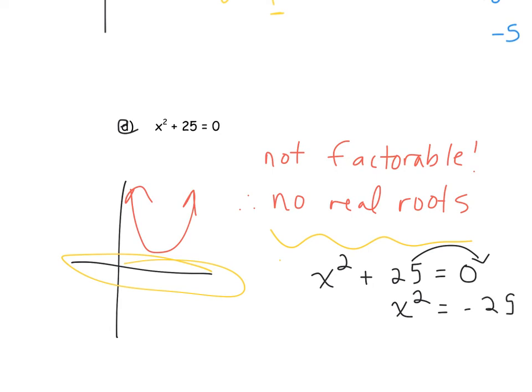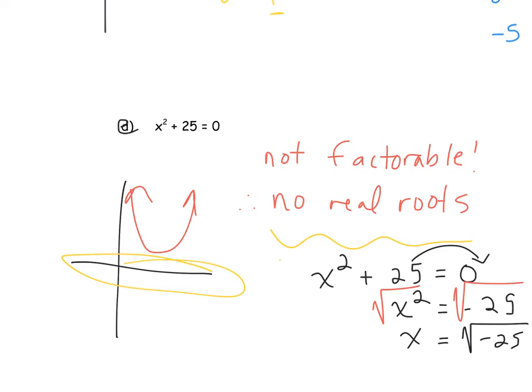Then I need to get rid of that square. How do I eliminate a square? I do the opposite operation and take the square root. In so doing, I end up with x being equal to the square root of negative 25.